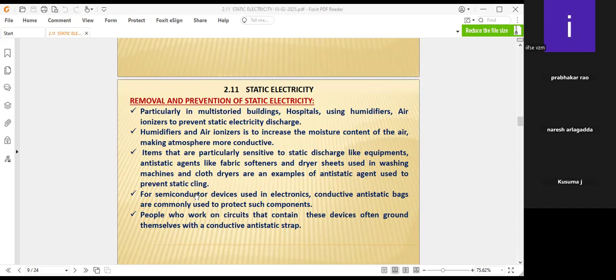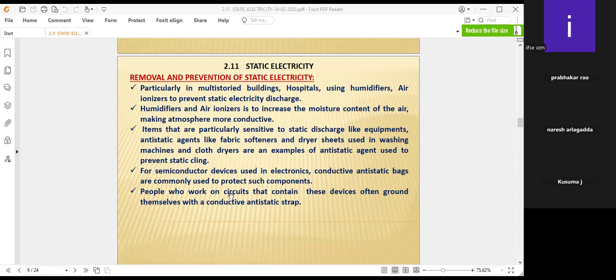Definitely it will help the electrons, but part of the semiconductor body will act as an insulator. Therefore, the conduction will not be 100%, and therefore anti-static bags will be there.